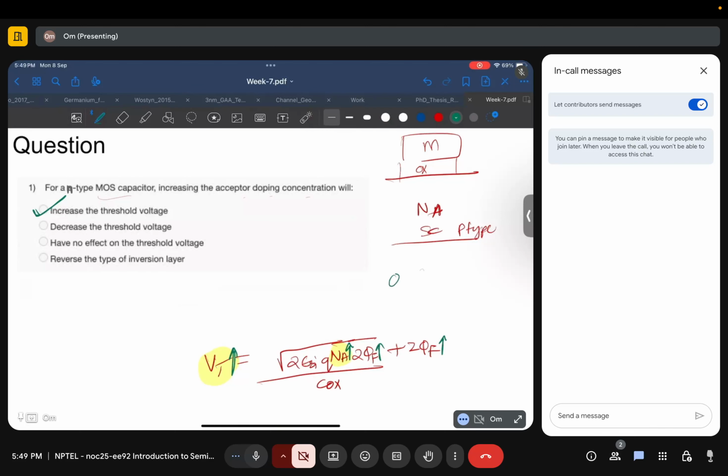So phi f is kT by q ln Na by Ni. So if Na increases, phi f is also increasing. So both of these factors are increasing Vt. What does this mean? In a higher doped semiconductor, to bring the same surface potential, you need larger Vg.